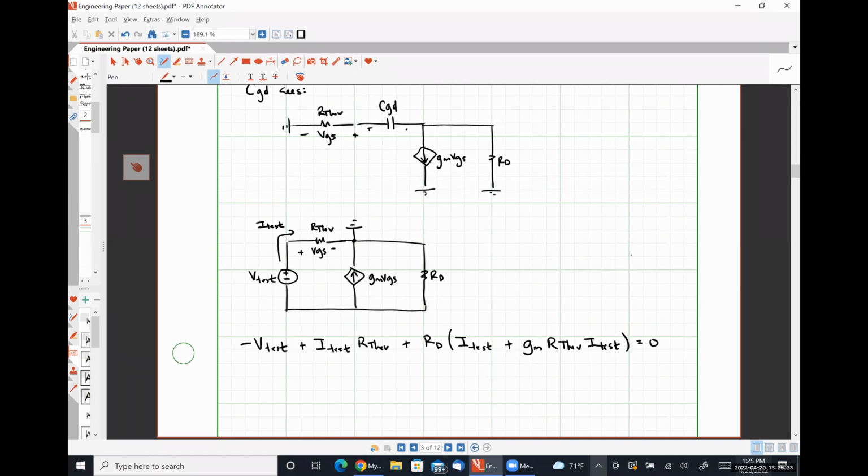All right, so yeah, I'm simply treating it as just a node point there.